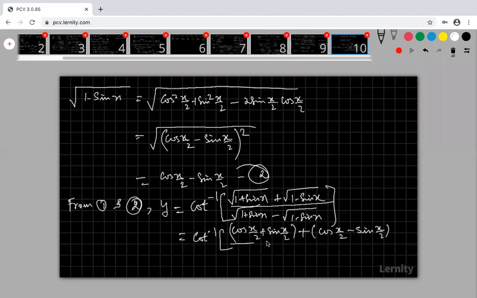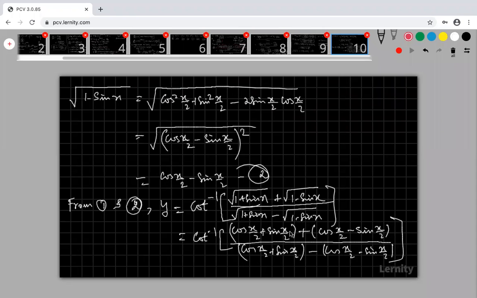Come to the denominator: root of 1 plus sin x is cos x by 2 plus sin x by 2, minus root of 1 minus sin x, which means cos x by 2 minus sin x by 2. Now simplify, what is the answer you are getting?